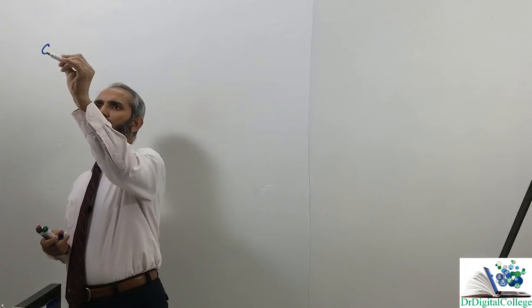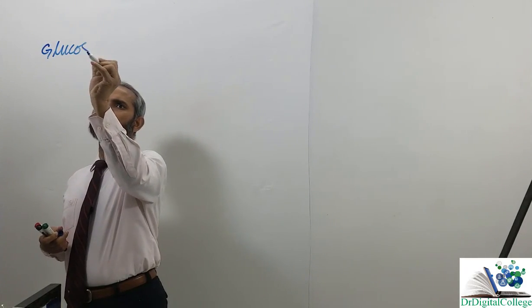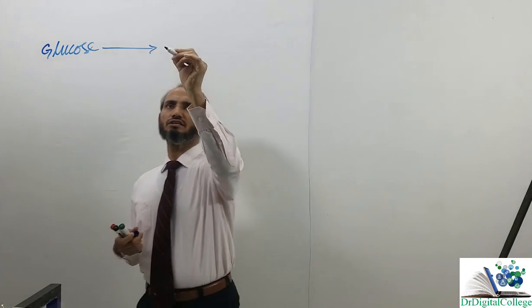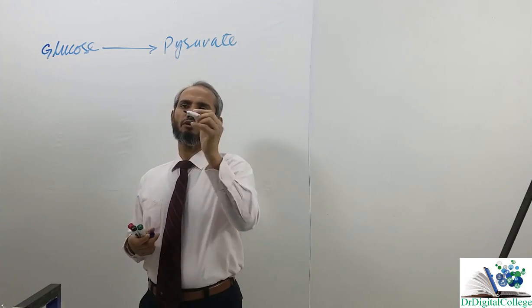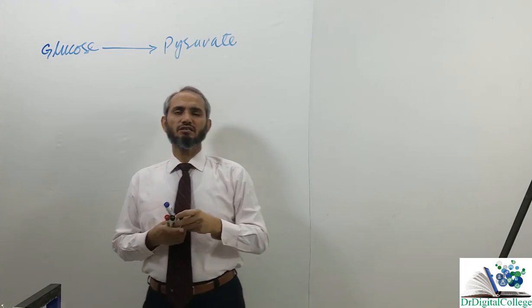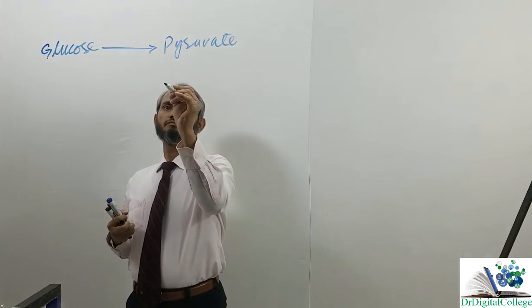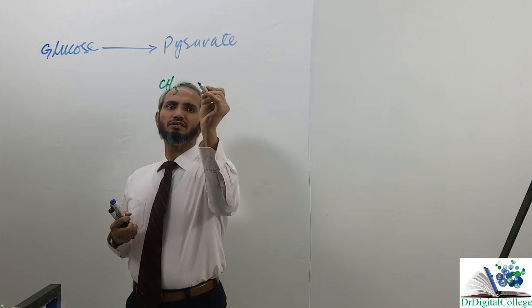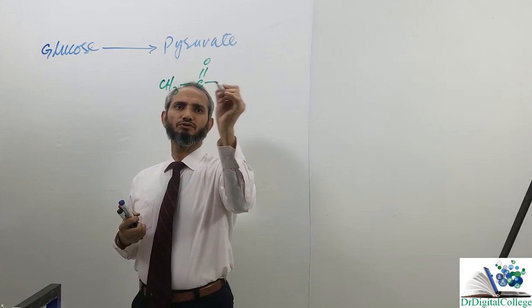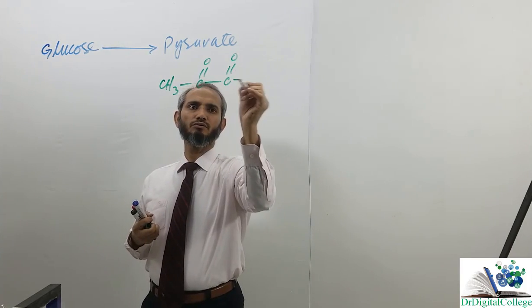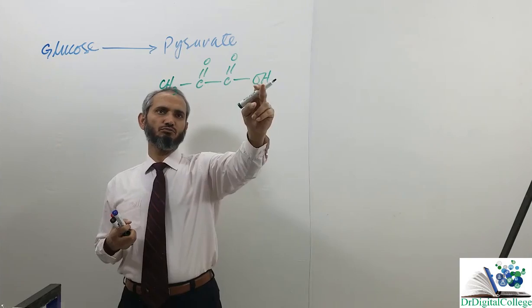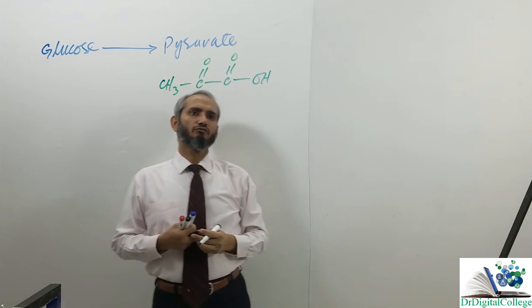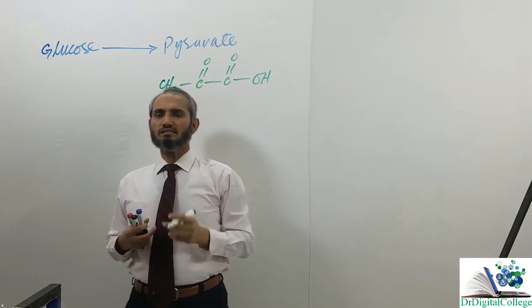You know that glucose is oxidized into pyruvate or pyruvic acid. Pyruvic acid is CH3, C double bonded O, C double bonded O, OH. Sometimes we write it pyruvate when this H is removed, or sometimes we write it pyruvic acid when this H is attached.